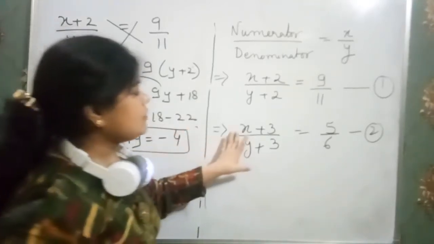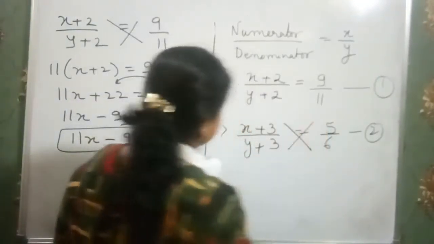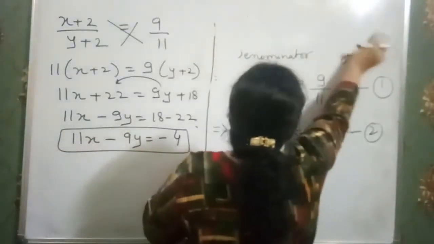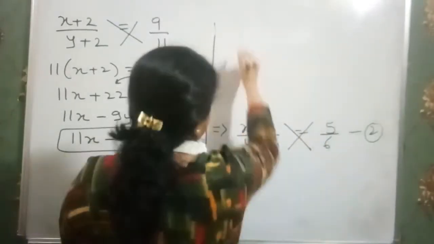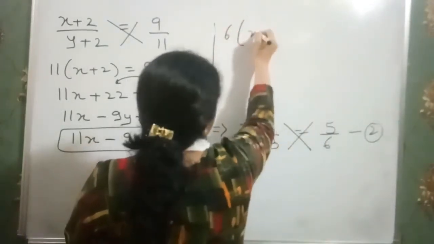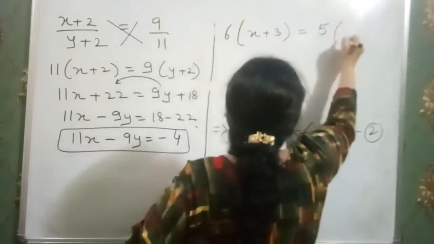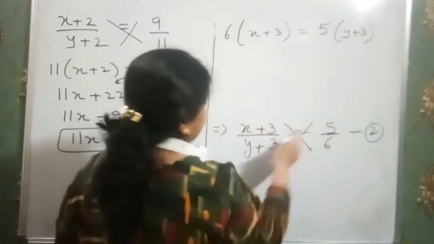Now we have to solve the second one. So again we cross multiply it. So what we got, just see over here, (x plus 3) over (y plus 3). We cross multiply 6 by this and 5 by this.